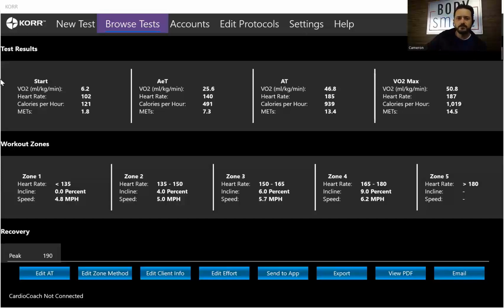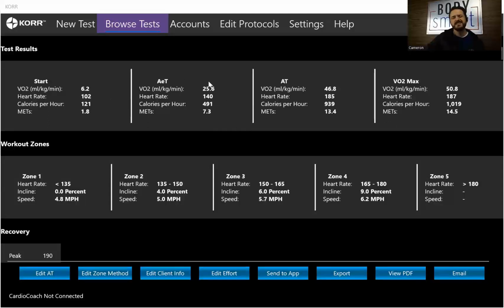So the results that we get look like this, where you've got your VO2 max over here, your anaerobic threshold, your aerobic threshold, and where we were at when we started. So starting, you want that pretty relaxed, heart rate fairly low, not really working because we just barely started out.